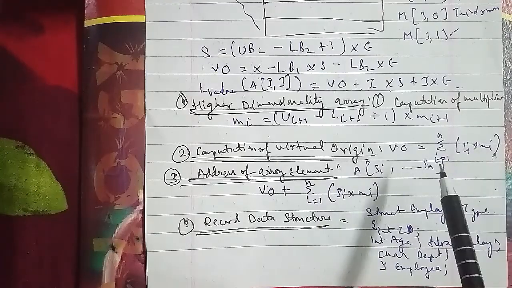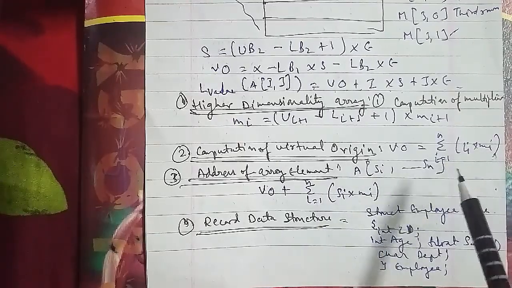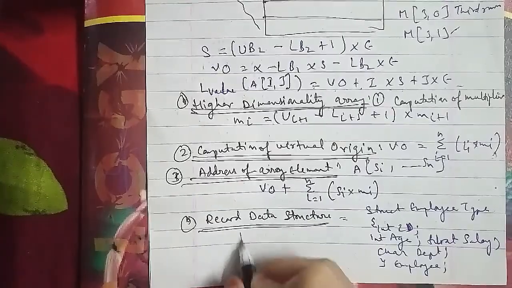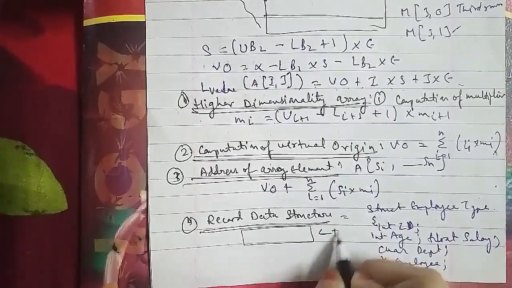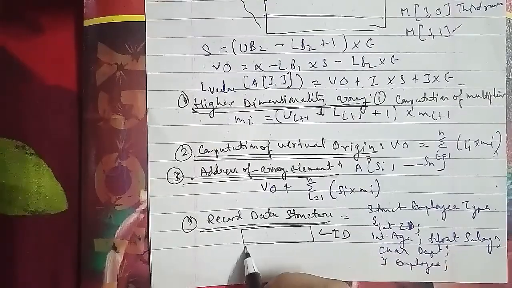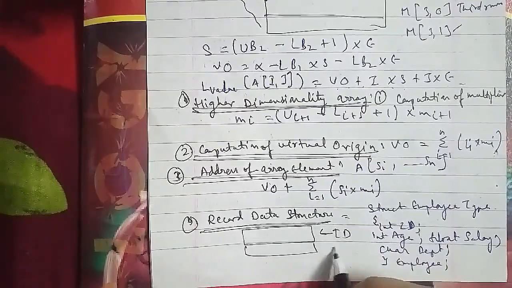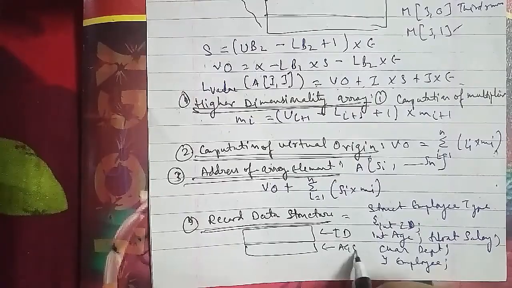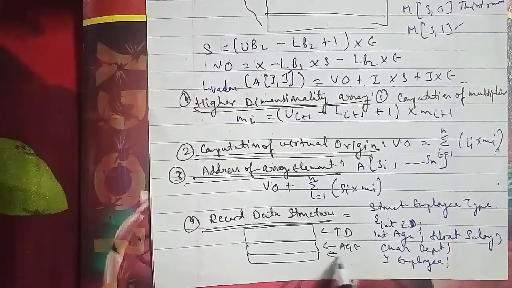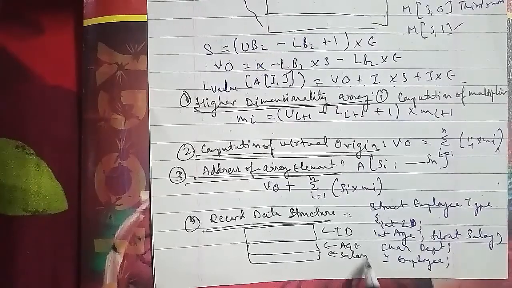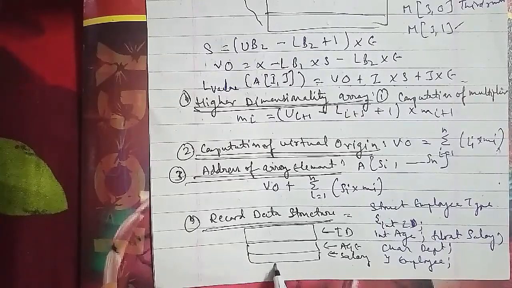The storage representation will be in the form of this: this is your ID, then we have an age, then we have salary, and of course this is your department.